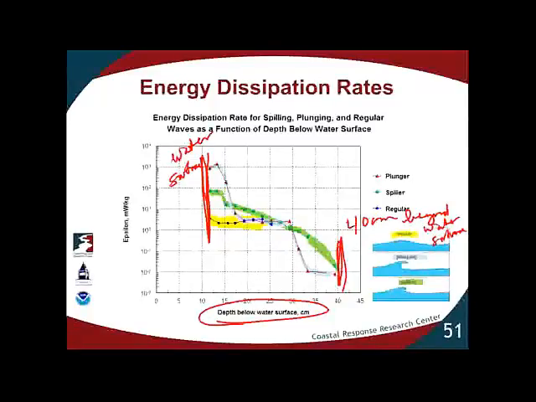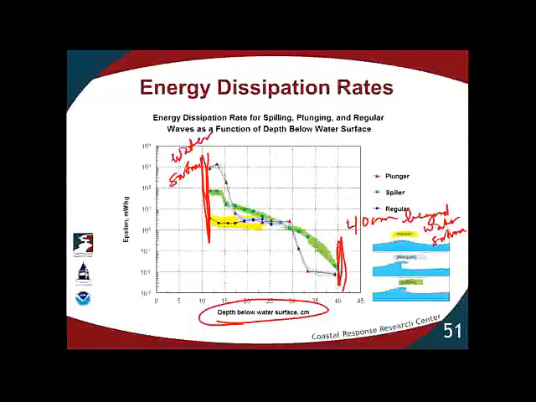So it has more energy, certainly, than the spilling and regular wave, and that influence goes down quite deep. Okay? All right. So the type of wave we have is important because it dictates how much energy we have and how deep that energy goes in the water. Okay.